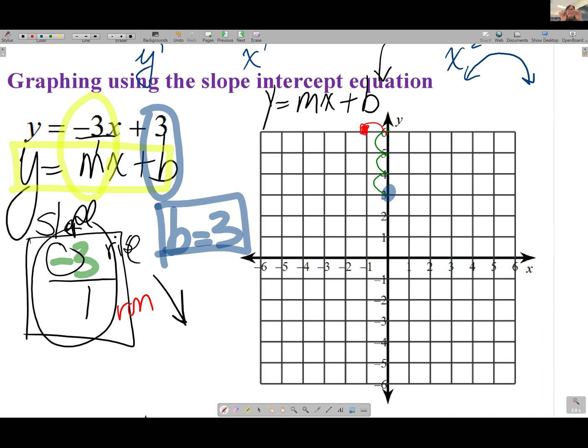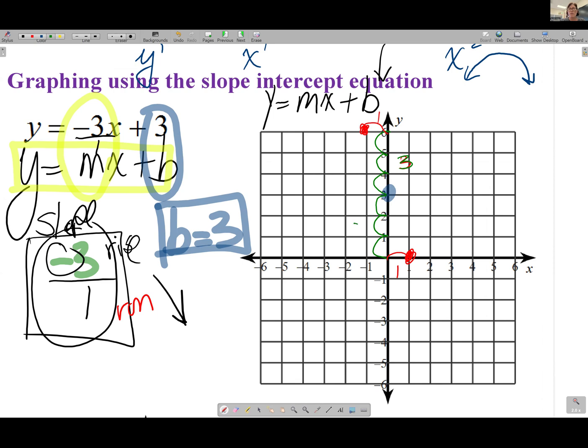It's supposed to go down. It doesn't matter. What matters is your final product tilts downward. So I can go up 3 and I'm going to keep my colors straight. I'm using green for rise and left 1, or I could go down 3 and to the right 1.